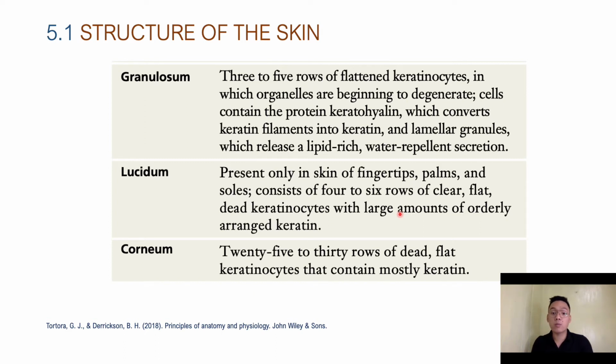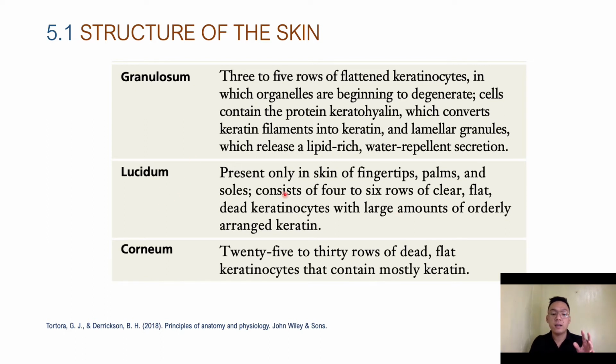Lucidum is only present in the skin of your fingertips, palms, and soles, and it consists of 4 to 6 rows of clear, flat, dead keratinocytes with a large amount of orderly arranged keratin. So if you notice, your fingertips, palms, and soles are the thick skin. Lucidum is only present on those parts.